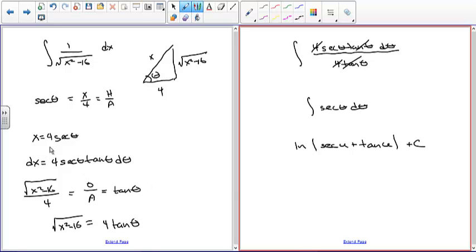And then we can go back here and use this for secant and use this for tangent. So we get the natural log, the absolute value of the secant, which is x over 4 from here, plus the tangent, which is this part, the square root of x squared minus 16 over 4, plus c. So that's the answer. That's the integral of 1 over the square root of x squared minus 16 dx. So now we do know how to do that problem.